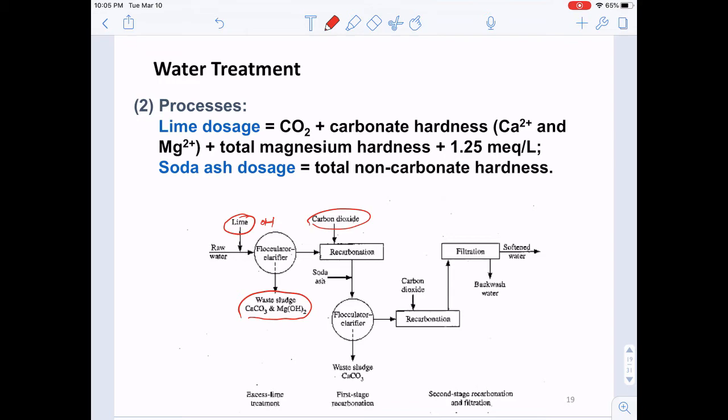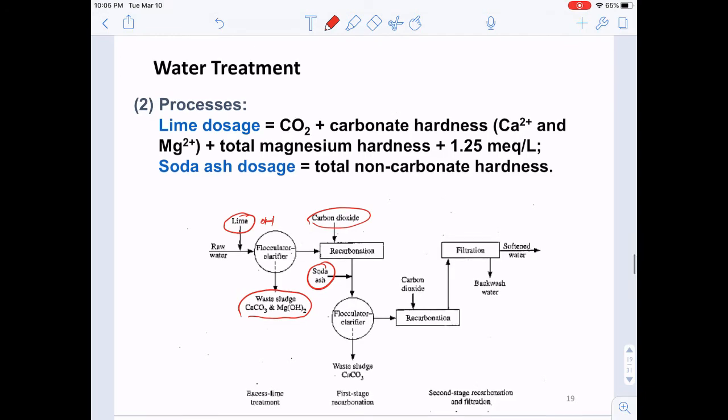They can further react with the carbon dioxide from the ambient air to reduce the pH. And then we introduce the soda ash to remove the non-carbonate hardness from the water.